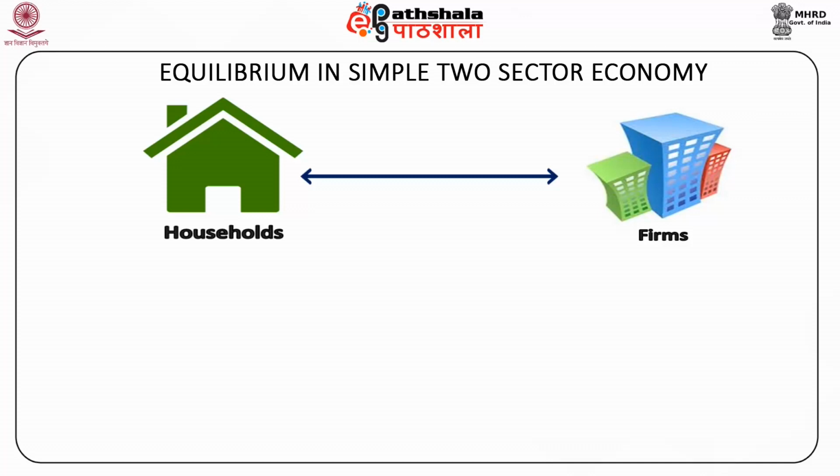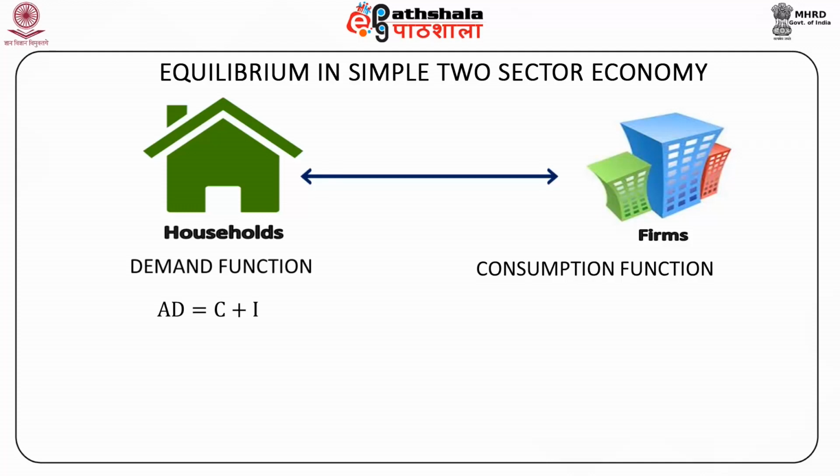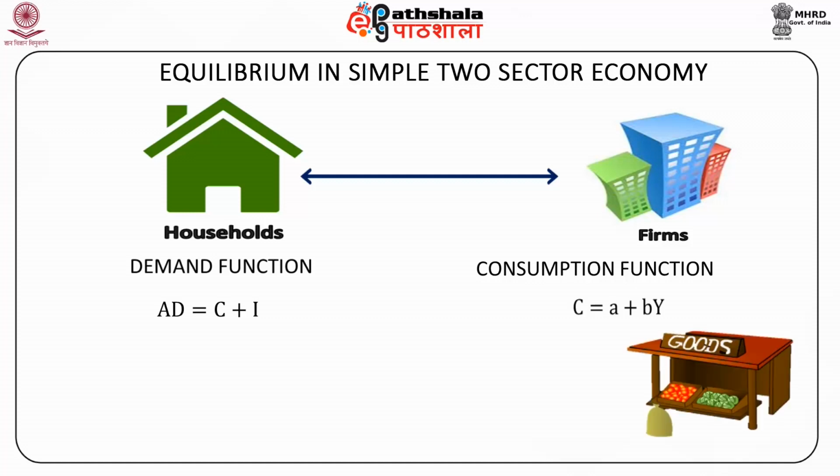This can be written as AD = C + I. Since there is no government, there will be no taxes, and Y is the same as the disposable income of the consumers. Thus, the consumption function can be expressed as C = A + BY. We know that the equilibrium condition in the goods market is written as Y = AD.